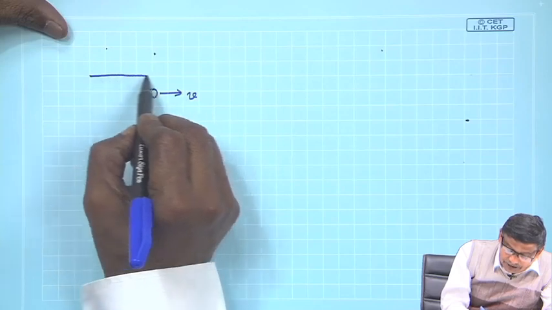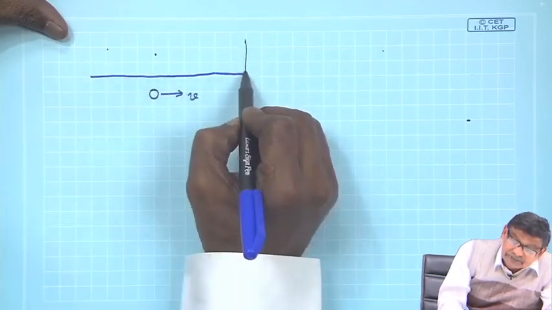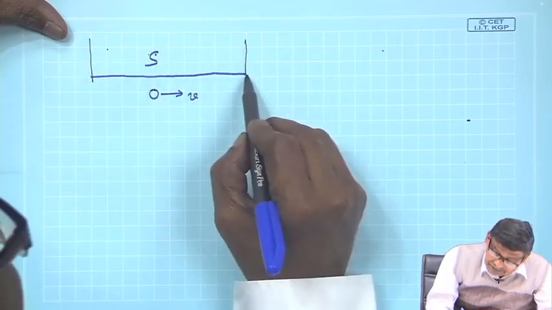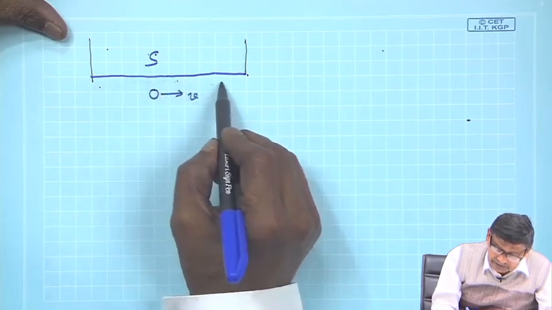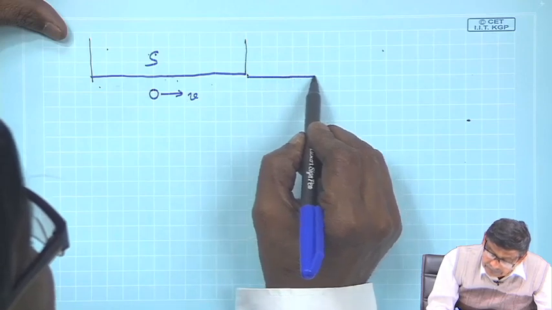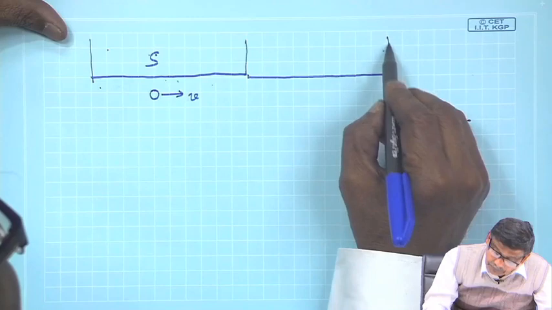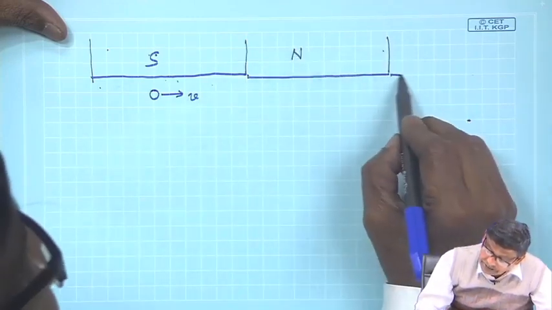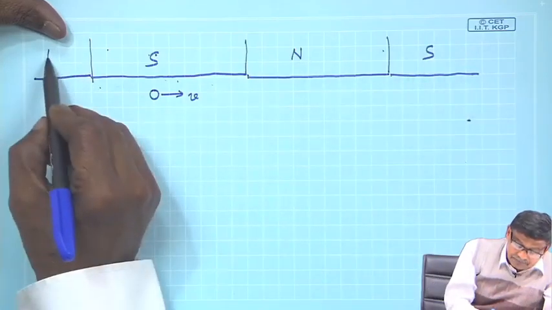Up to this point, suppose it is south pole, and then 1, 2, 3, 4, 5, 6, 7, 8, 9, 10. And suppose at this point it is north, and suppose it is repeating like that, south, earlier it was north.